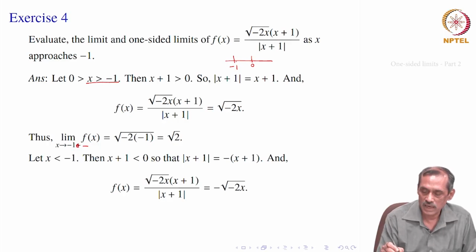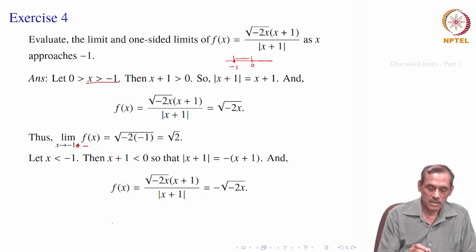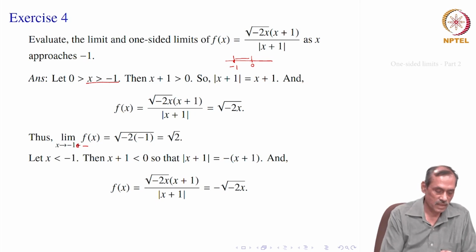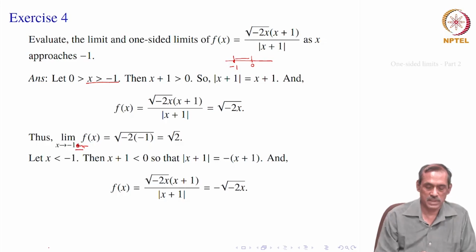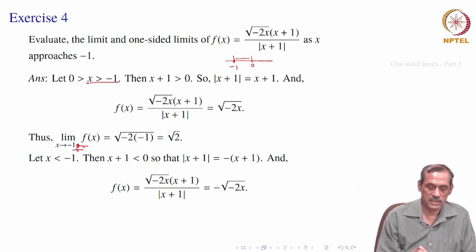So, we have considered a neighborhood of minus 1, that is to the right of minus 1. Okay. So, that is correct, it is x goes to minus 1 plus, x is bigger than minus 1. So, it was correct earlier that x goes to minus 1 plus. So, in that case of course, the limit does not change, it is root 2.